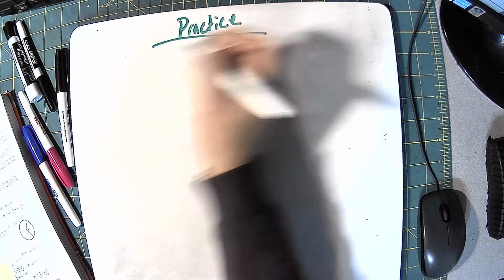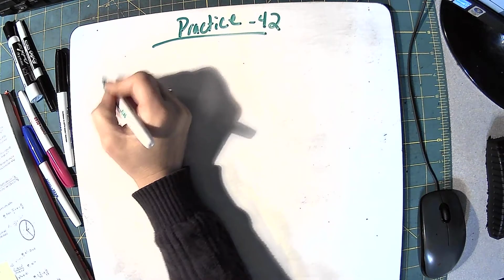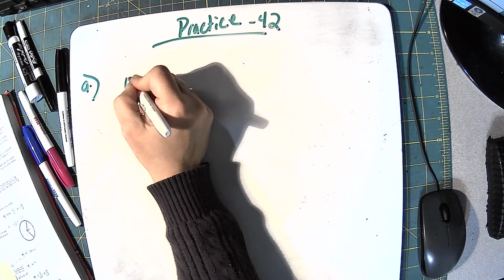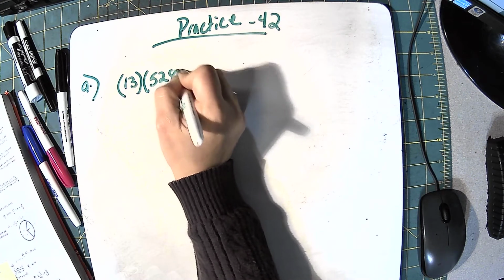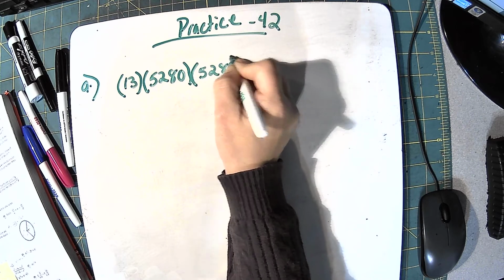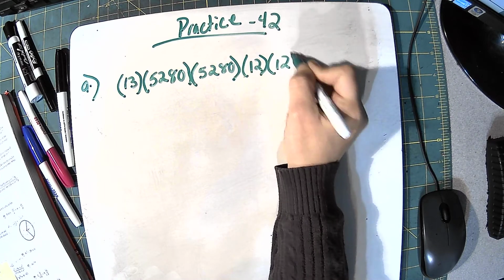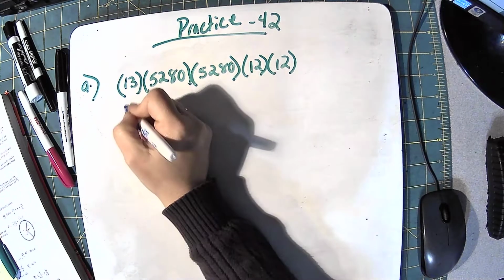Okay, practice problems. This is A. Alright, so A says estimate this product. So we've got 13 times 5,280 times 12 times 12. Alright, first thing I'm going to do is round these. So this one's close to 10.